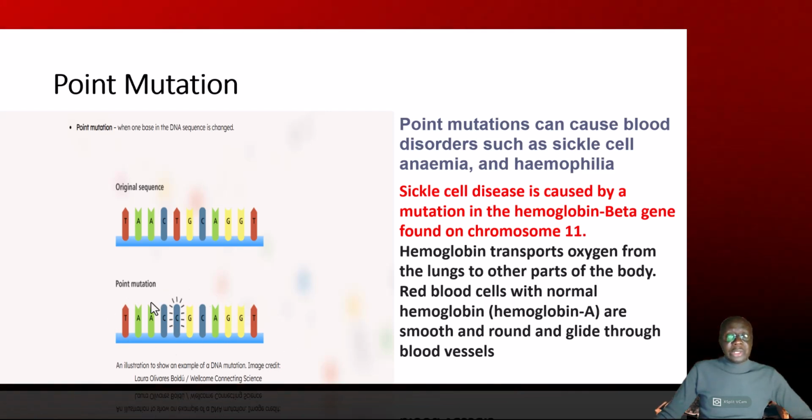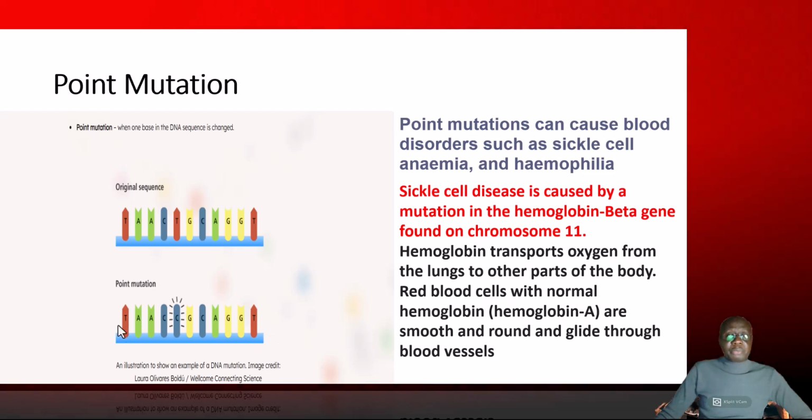This gene is not going to make the correct protein compared to what this gene is going to make. And I will try to explain that further later. You will understand what I mean. A point mutation, for example, can cause sickle cell anemia in chromosome number 11.